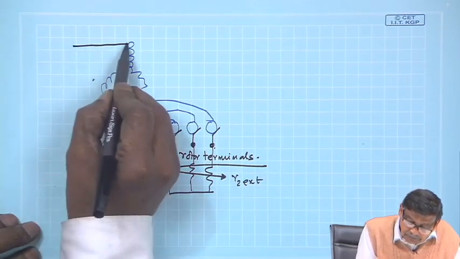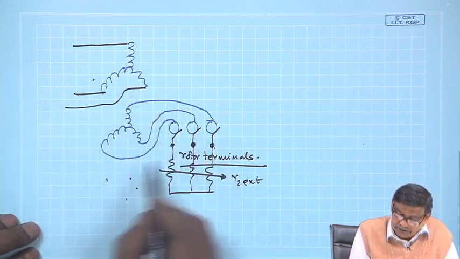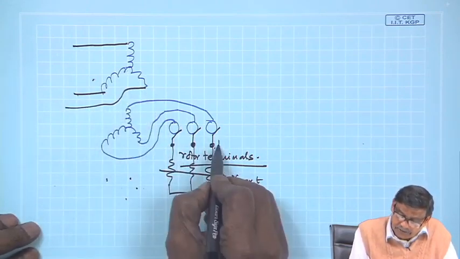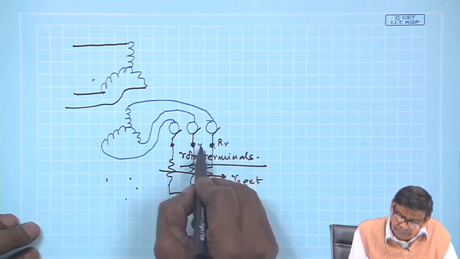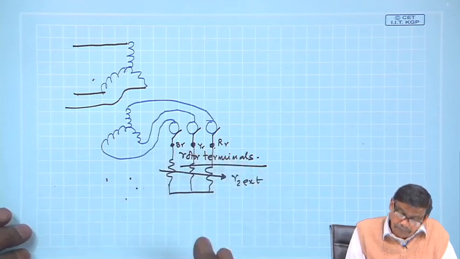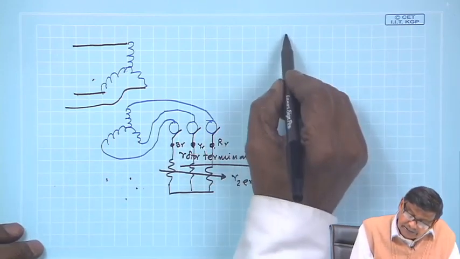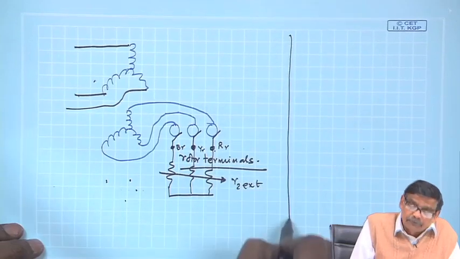So, this is the slip ring induction motor, stator and rotor, with R, Y, B terminals. This is the slip ring type induction motor.